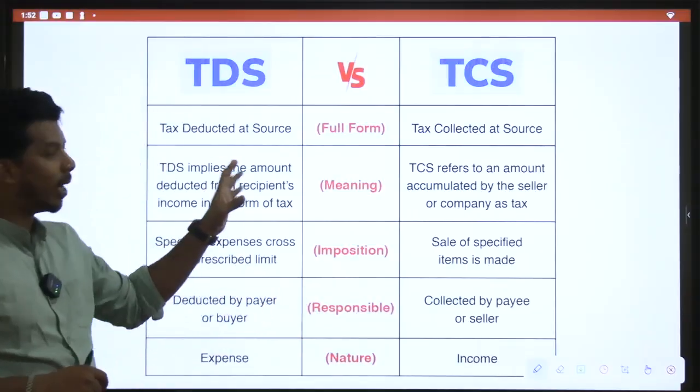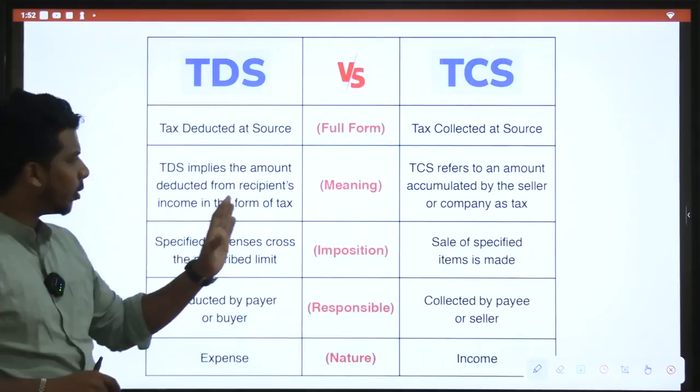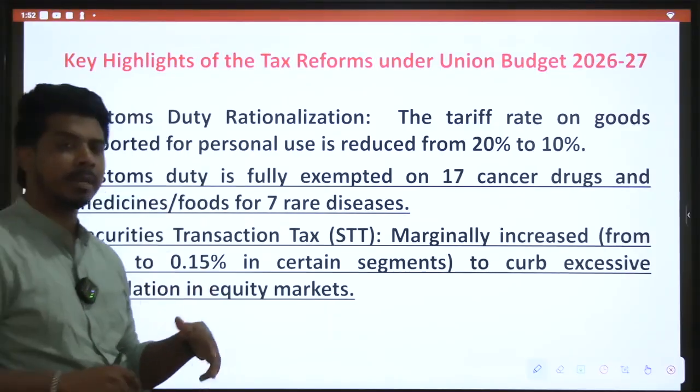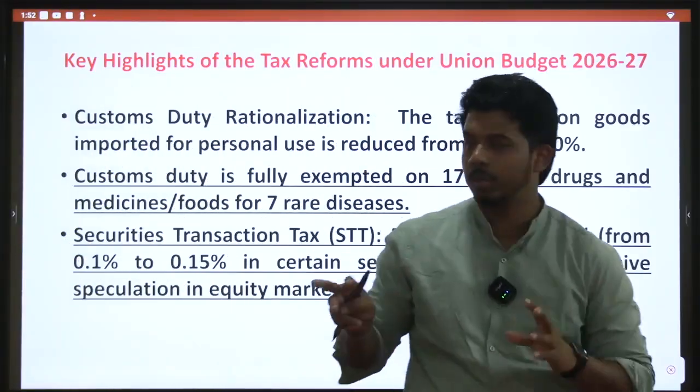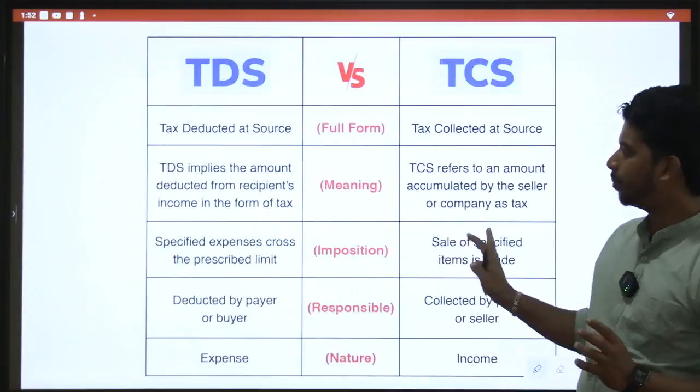You should know what is TCS, what is TDS. But you don't have to know the exact amount of TCS, TDS, or on which items TCS is applicable. Broad things you should know. You can forget the figures, but you can read the remaining sentences.